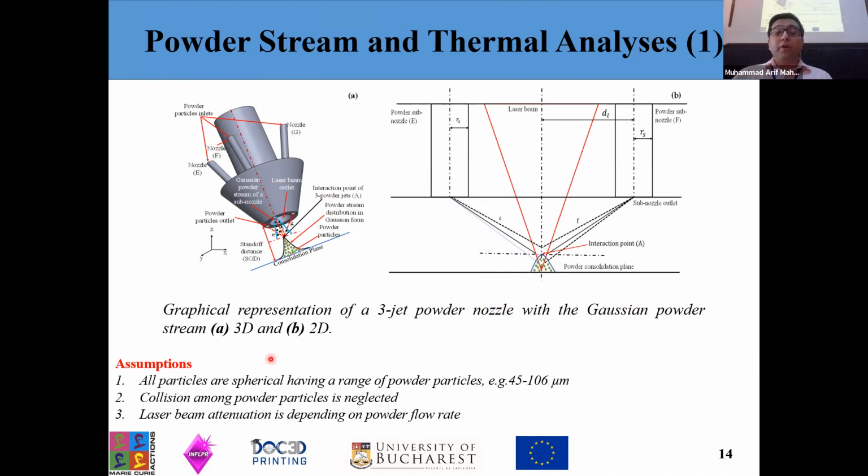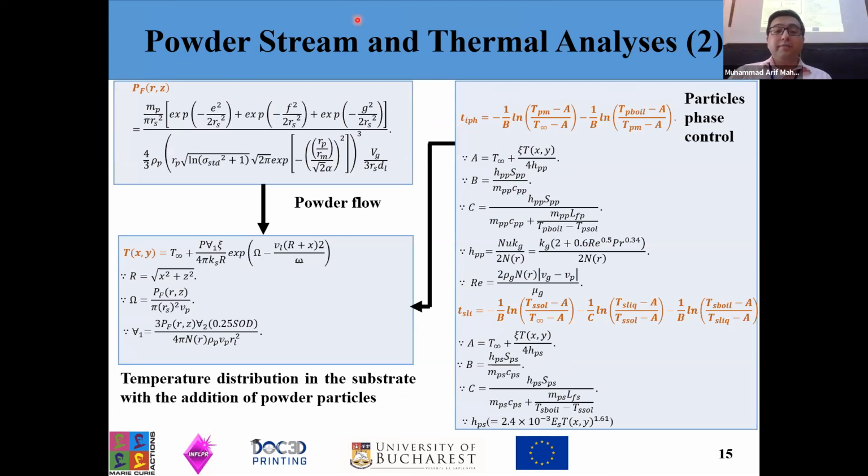For the modeling, we assume that all the powder particles are spherical, and we actually used a range of powder particle sizes, not just a mean value. The collision between the powder particles is neglected, and the laser beam attenuation depends on the powder flow rate. After these assumptions, we derived some equations.